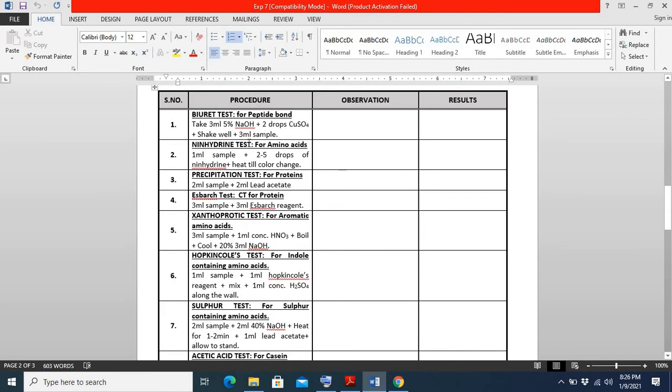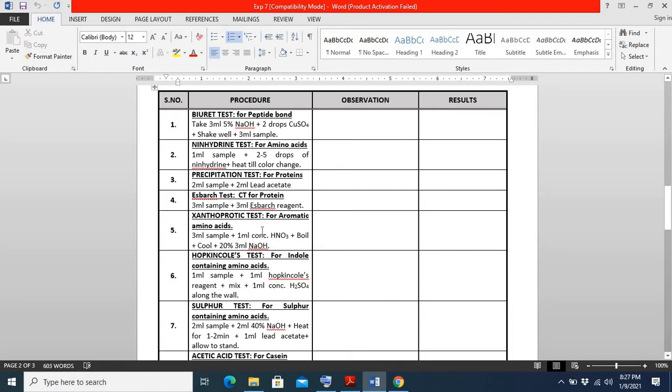These are the two preliminary tests, one is the Biuret test and the other is the Ninhydrin test. If we find in our sample that peptide bonds and amino acids are present, it will be the indication that this sample is containing the protein.